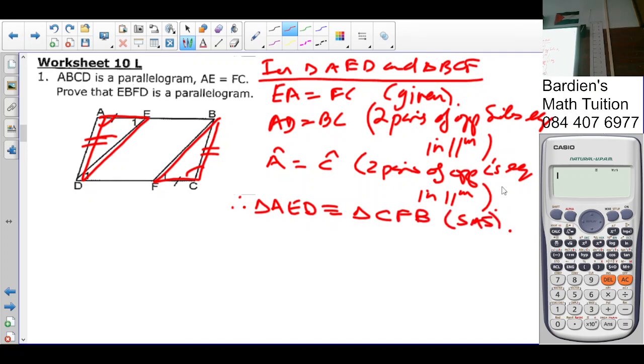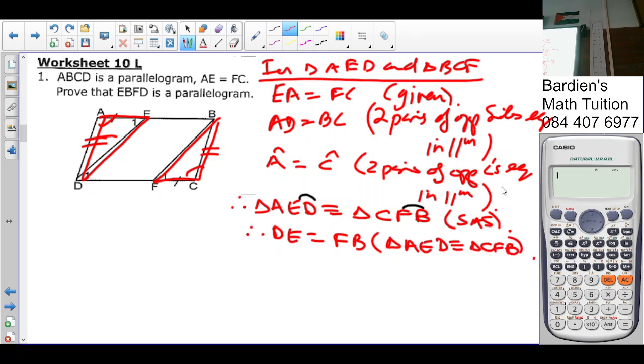So with this, we can conclude, therefore, DE is equal to FB. Why? Because triangle AED is congruent to triangle CFB.